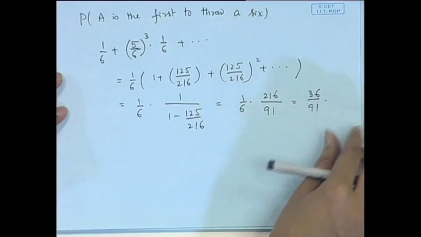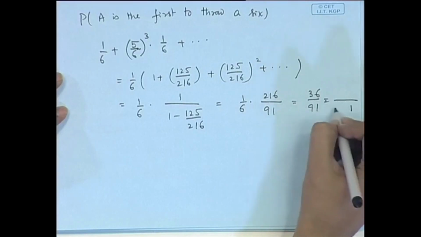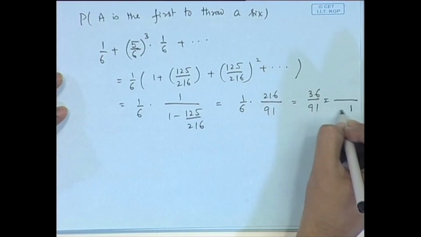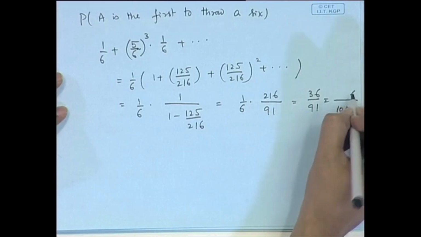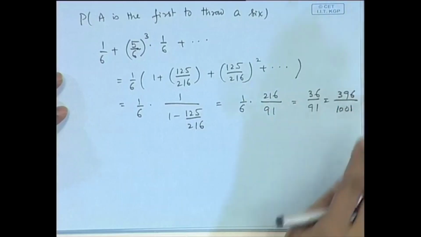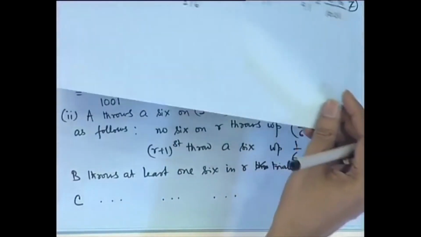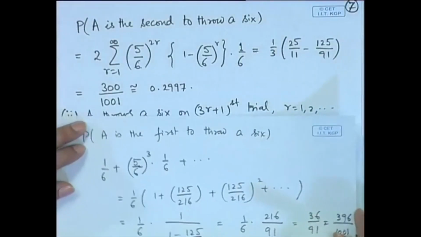If we try to compare it with this one, then it is 11, 11, 99, 99 plus 100. That is 396 by 1001. So, you can see that the probability got reduced.